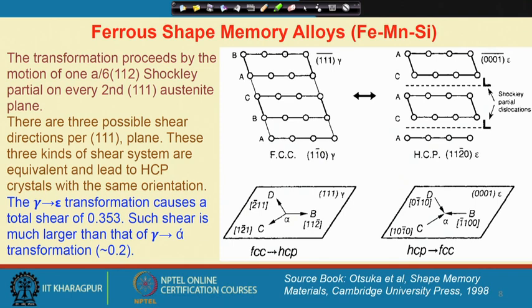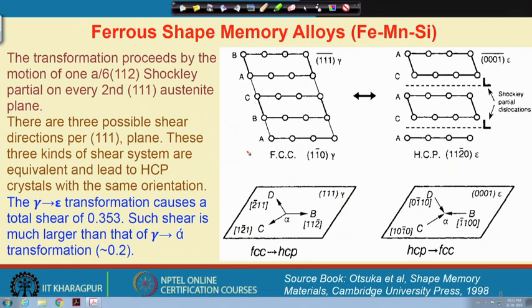Now, the transformation from austenite, which is an FCC structure, to hexagonal close packed epsilon martensite usually proceeds by the motion of a Shockley partial on every second plane of the 111 austenite plane.